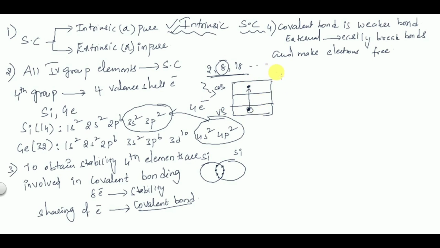The fifth point which you have to remember is the non-existence of an electron in a covalent bond. Non-existence of an electron in a covalent bond is called a hole.